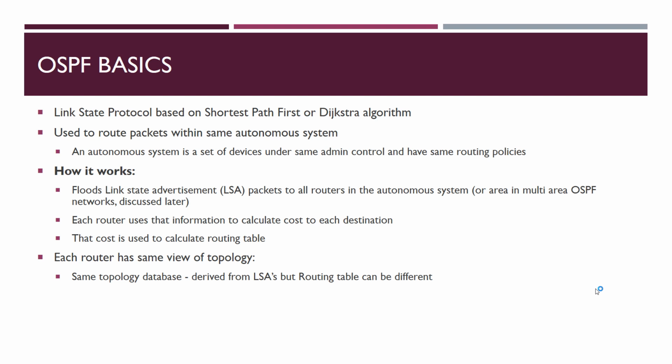So I'll leave this discussion here and we will discuss it in detail in the upcoming videos. For now, what we need to understand is the view of topology should be same for all the routers in the same autonomous system or in the same area if there are more than one areas configured in the same autonomous system.